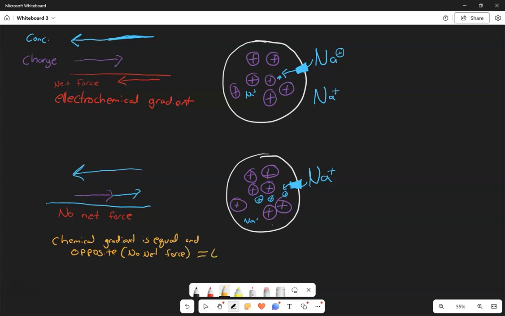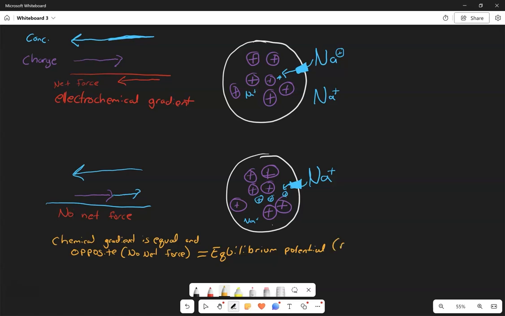That is what we call the equilibrium potential of an ion. The equilibrium potential.